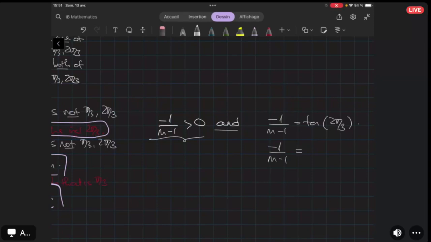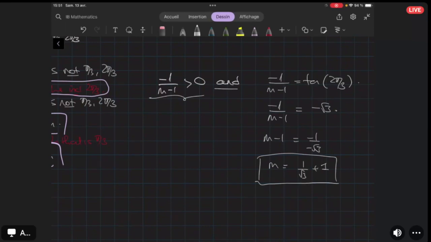Tan of 2 pi over 3, that's going to be negative root 3. So that's the first case.